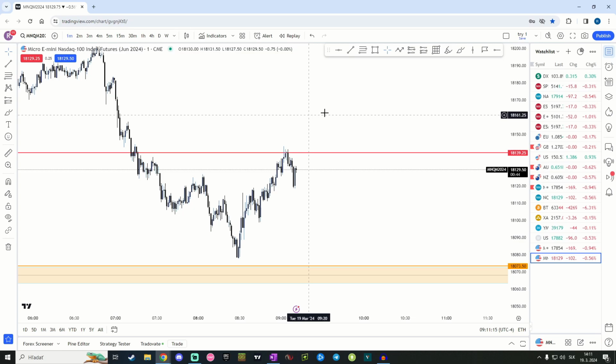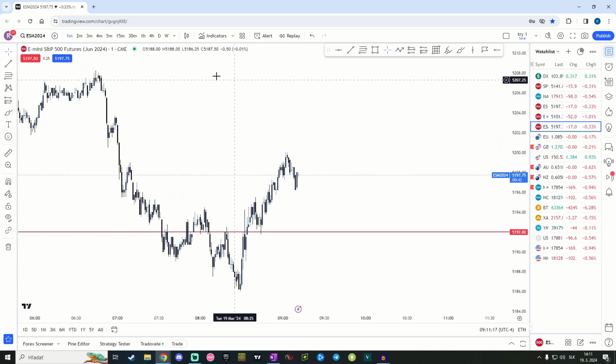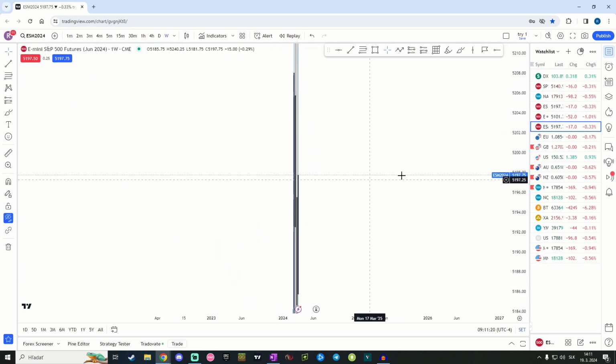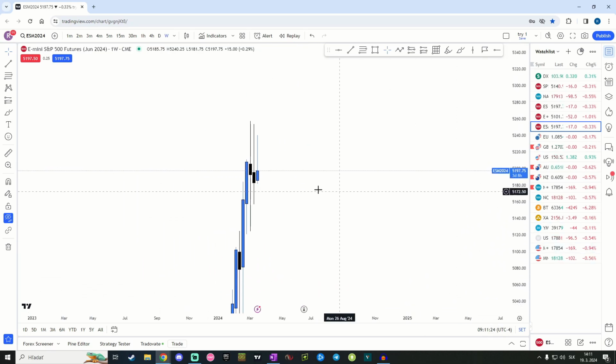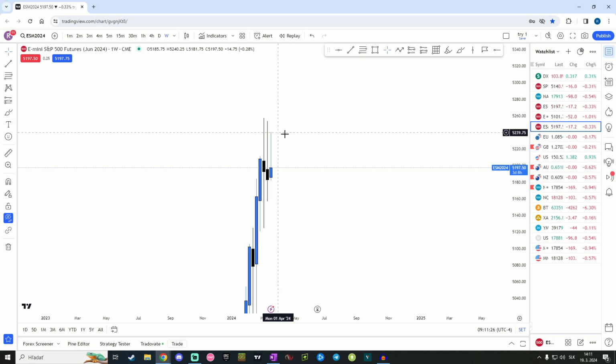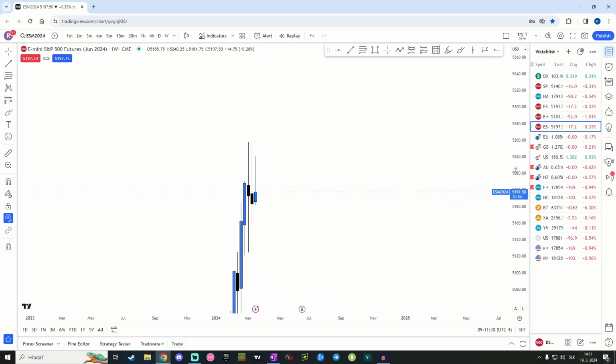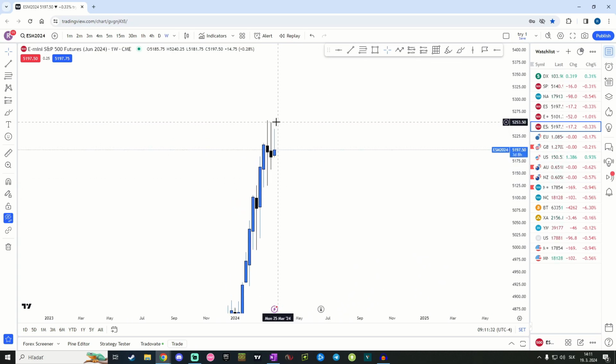But firstly, let's start with ES and let's start marking things. So on the weekly chart, what I can see, we have traded up on Monday and now we are retracing down. So we will see if that was the high of the week.